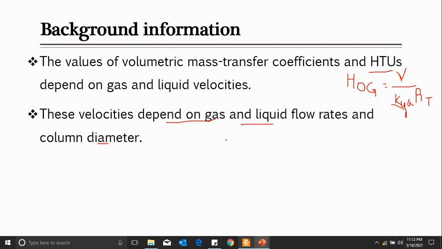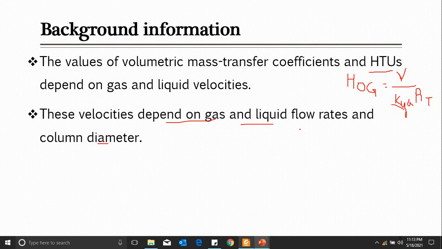You know the equation that volumetric flow rate is equal to area times velocity. So how the velocity develops or varies depends on two things: the flow rate of the fluid which you are bringing in, either liquid, vapor or gas, as well as the diameter of the column, because based on that diameter you can find the area. If you change the diameter, it will change the velocity, and if you change the flow rate, the velocity will also change.